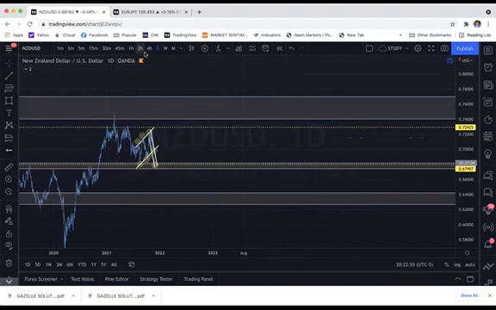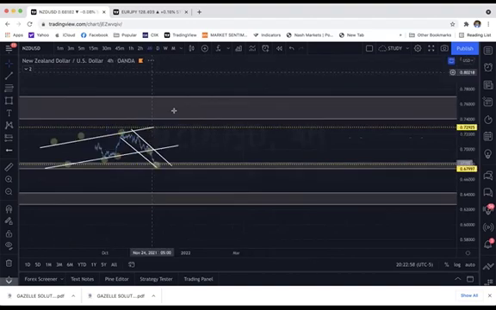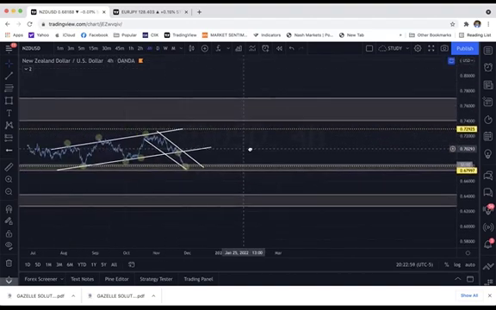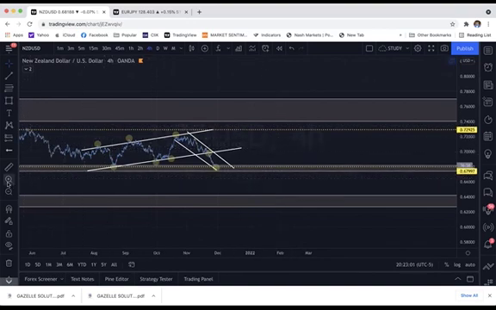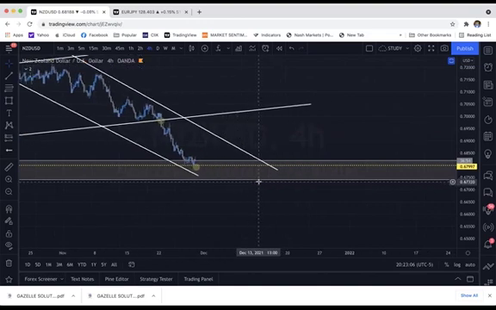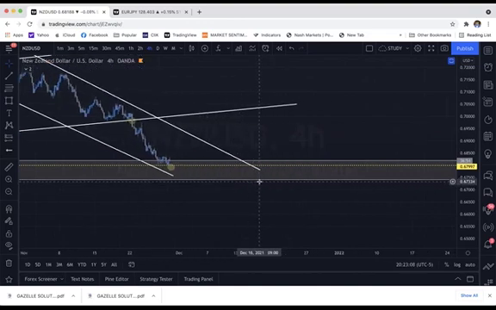Okay. So if I go back to the 4-hour, look at what I have a convergence of. Somebody tell me what I have a convergence of. It's not a trick question, y'all. It's right in front of your face.